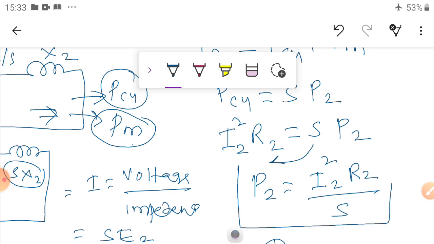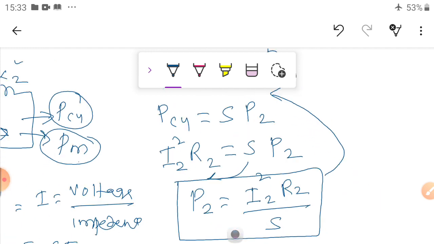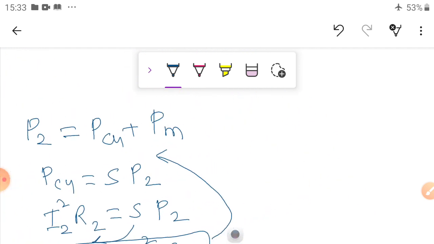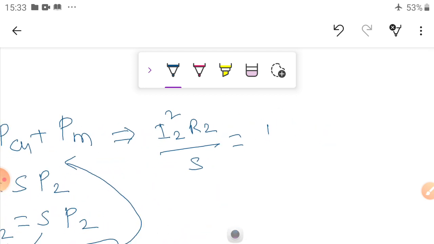So what is the P2? The power input to the rotor is the copper losses by slip. Same thing I am going to substitute here. Now you can write, P2 is equal to I2 square R2 by S, which is equal to the copper losses I2 whole square R2 plus PM.